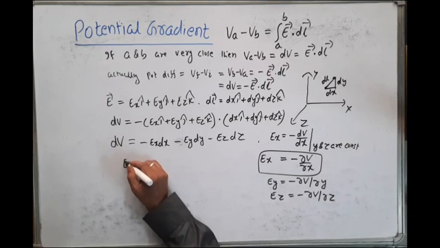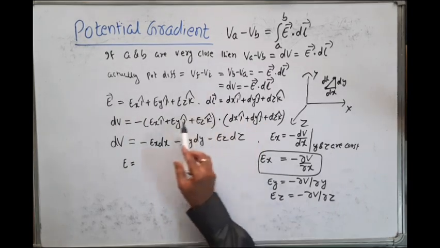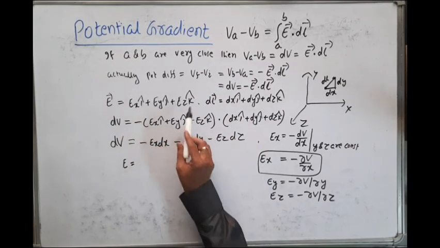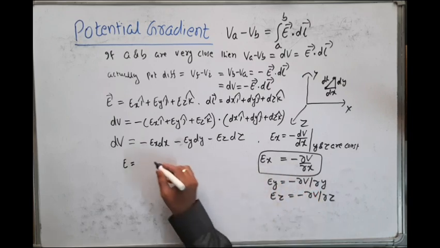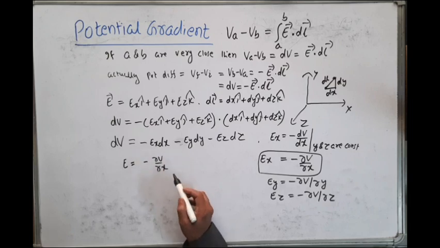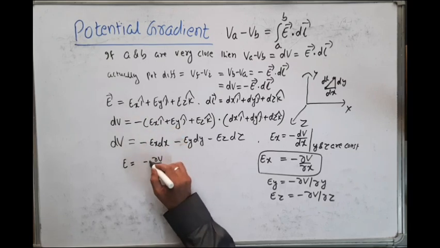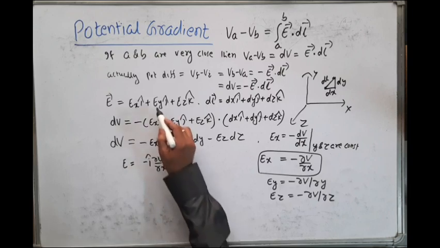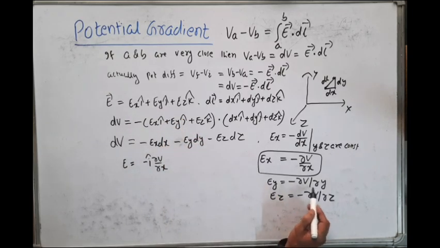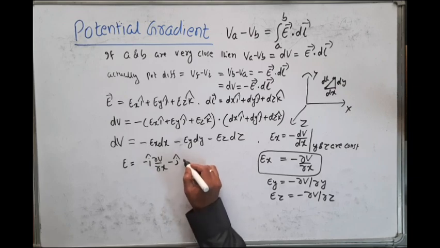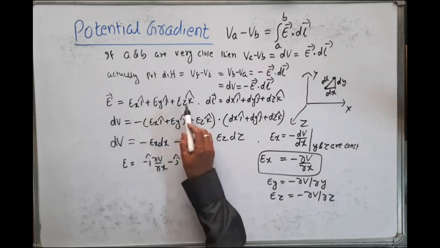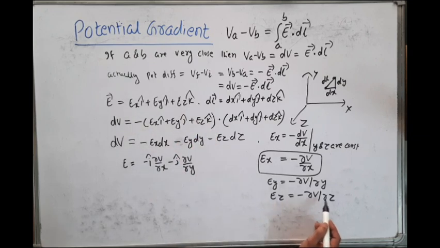So finally, what is the expression of E? Ex i cap, Ey j cap, Ez k cap. In place of Ex, write minus dou V by dou x, multiplied by i cap. Similarly, Ey is minus dou V by dou y, multiplied by j cap, plus Ez k cap, where Ez is minus dou V by dou z.